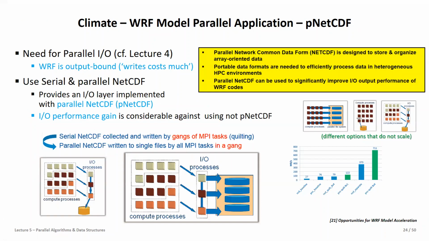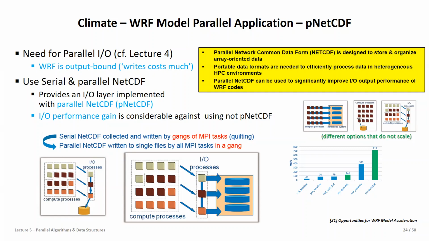But for this lecture, think about that this already has a data structure, this parallel algorithm, which is quite a standard. Here we talk about NetCDF, the parallel network common data form, which is used in many climate simulations and earth sciences in general. You would have a parallel NetCDF, which works nicely together with the parallel MPI that we heard about last time.